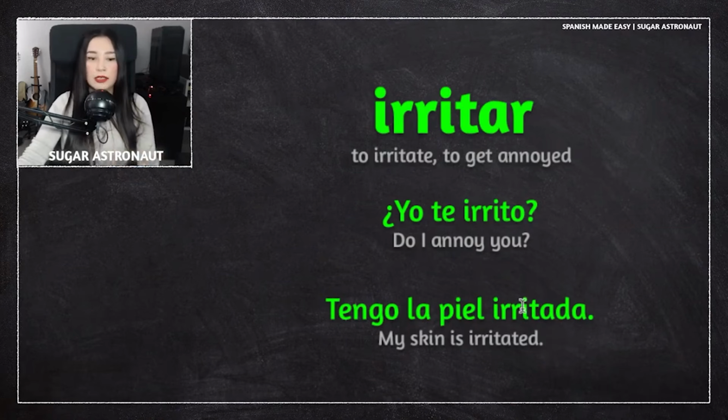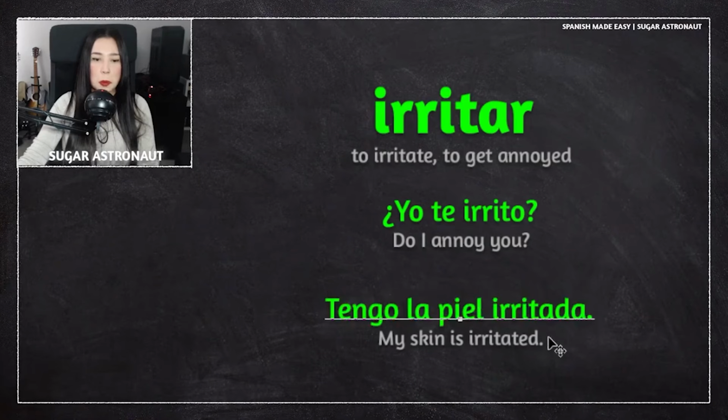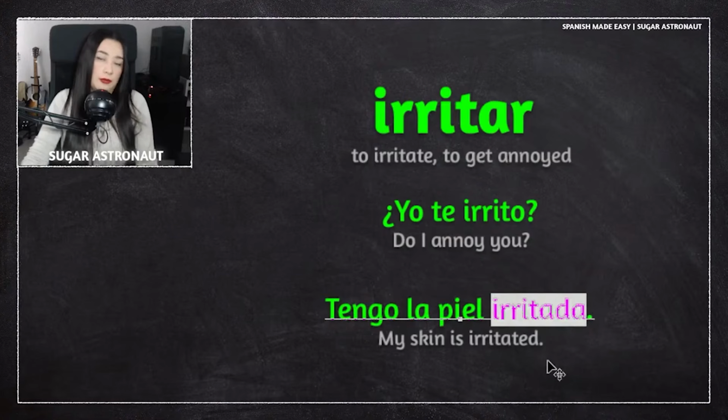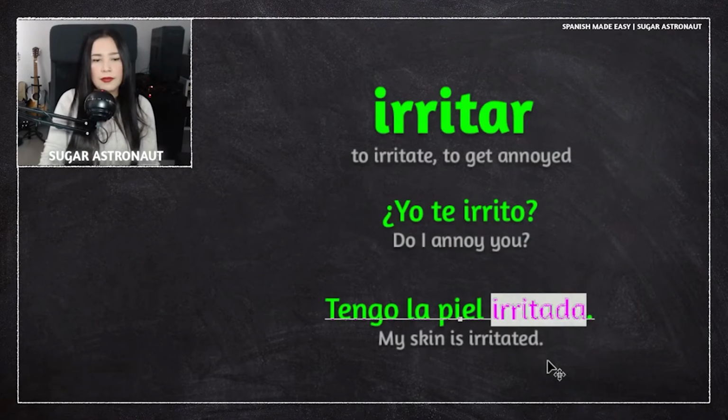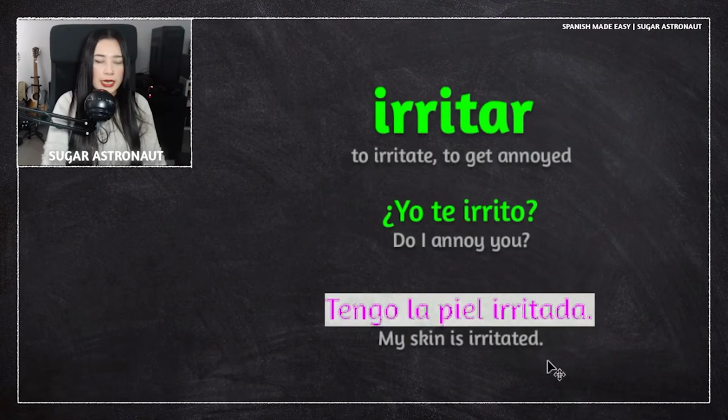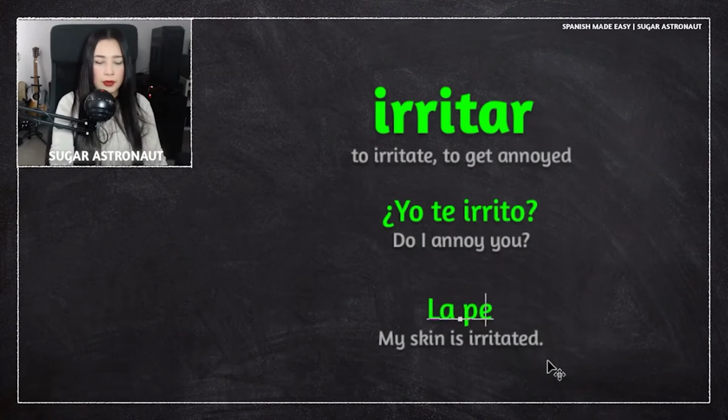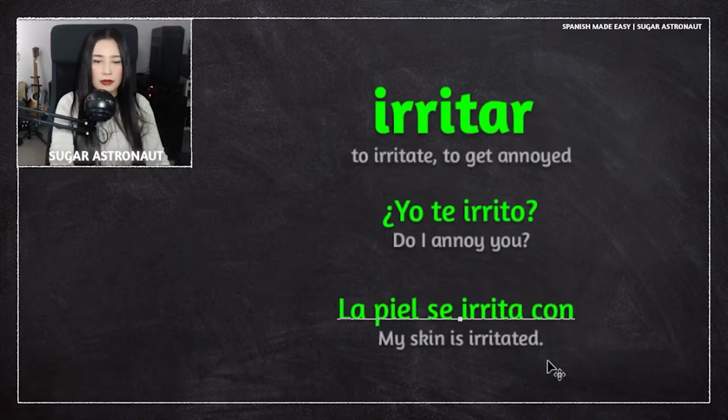Irritada, irritated. So this is an adjective. This is not the verb, but it comes from the verb irritar, okay? If we want to use irritar, just the verb, la piel se irrita con, I don't know, el sol.